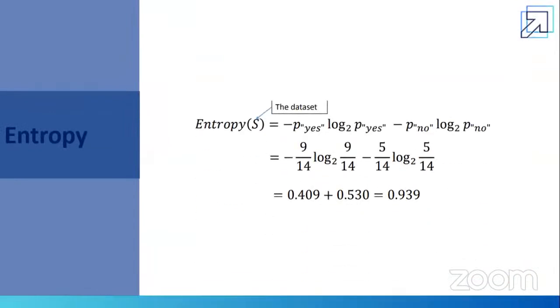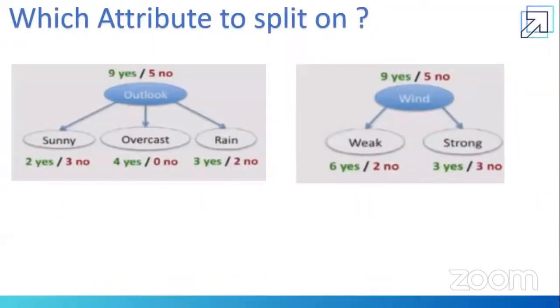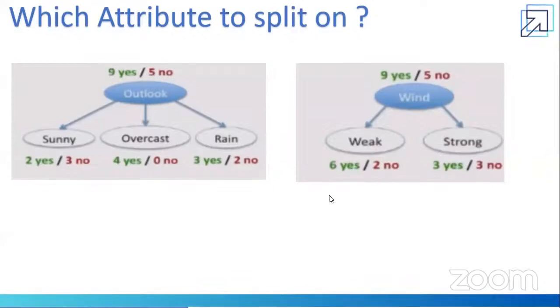If we split our data on Outlook, then we get this. I'll show you the graph. Okay, so this is the tree. In the case of Outlook, we have 9 positive values and 5 negative values.